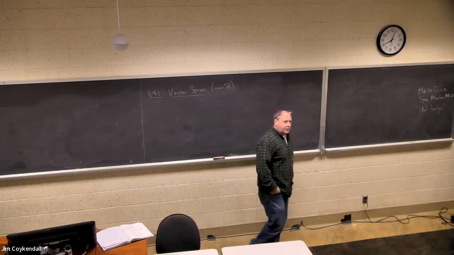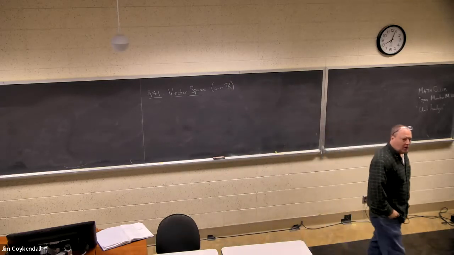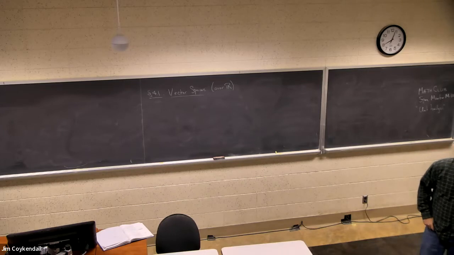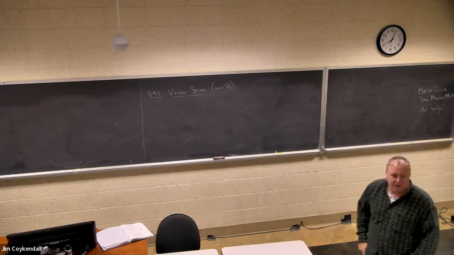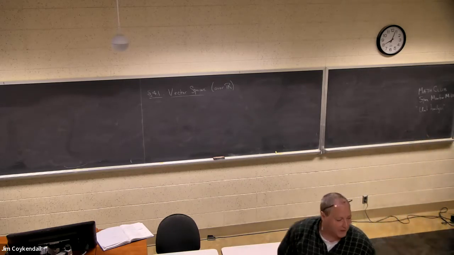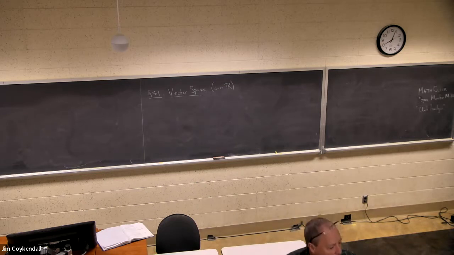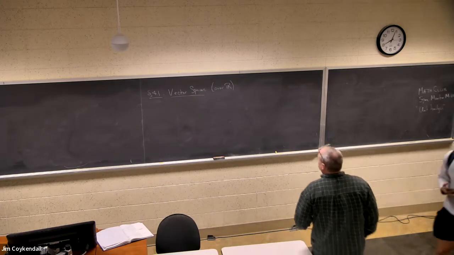When I talk about vector spaces in this class, it will almost always be real vector spaces. So vector spaces do what they did in Rn. You've got two things going on. You've got something called a vector and something called a scalar, which is something you can multiply with.